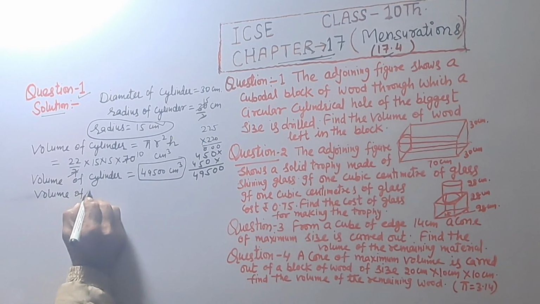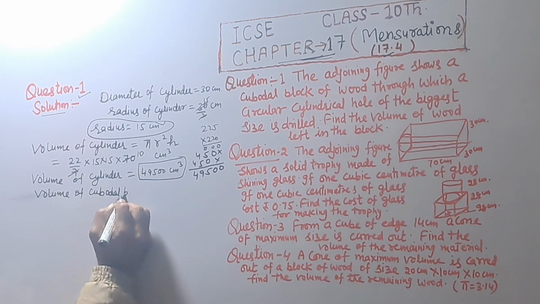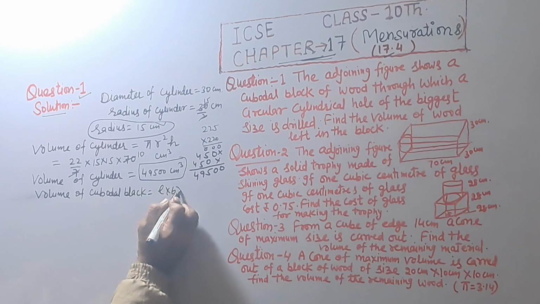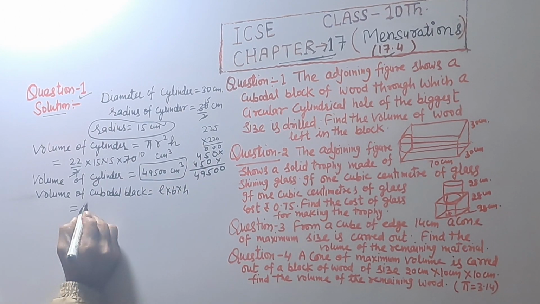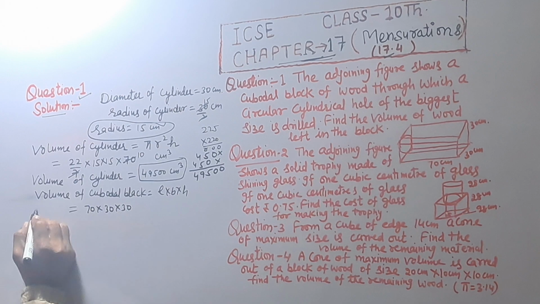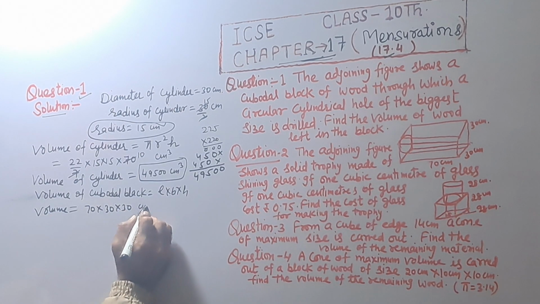Volume of cuboidal block is equal to L into B into H, that is 70 into 30 into 30, volume in centimeter cube.